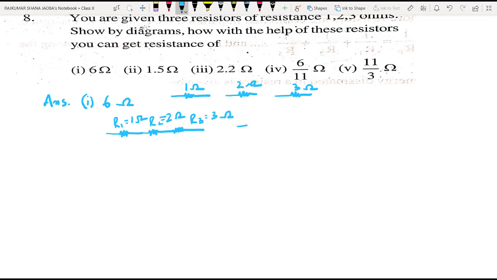Equivalent resistance is given by the sum of the resistances. So R1 plus R2 plus R3, so this is 1 plus 2 plus 3. So this is 6 ohms.